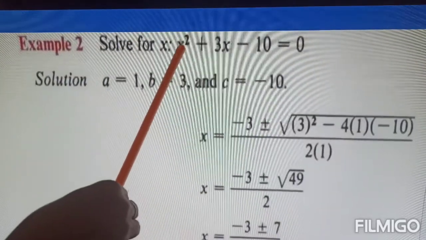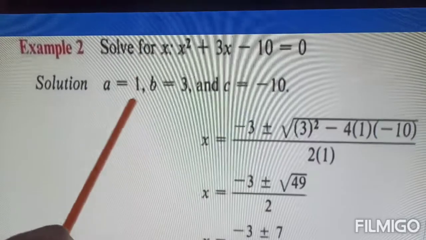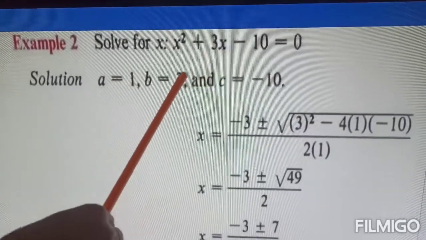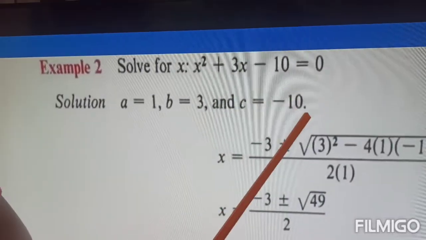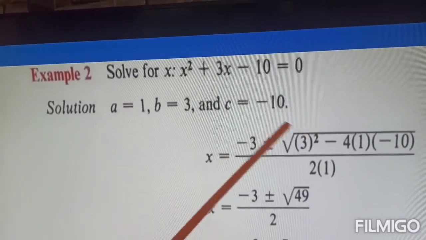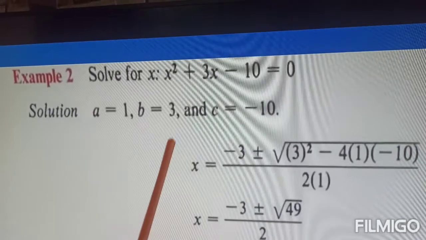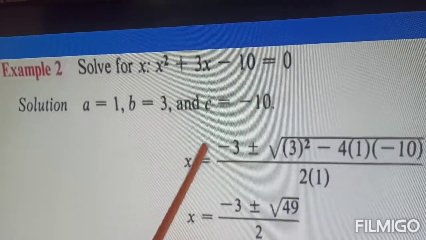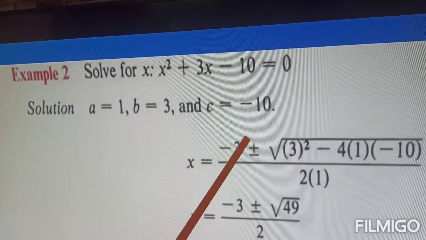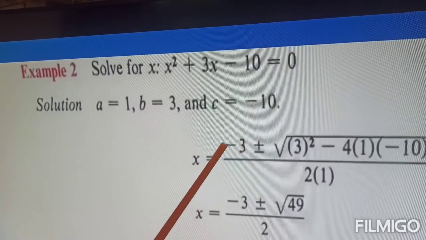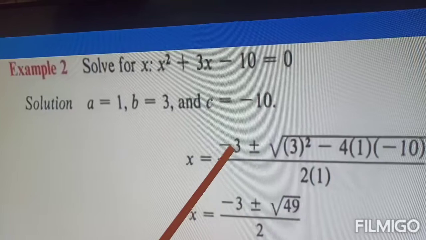What is the coefficient of x square? It is 1, that is the A value. The coefficient of x is 3, that is the B value. C is minus 10. We got all the values of A, B, C. Now replace the values in the formula. Minus B is there in the formula, no?